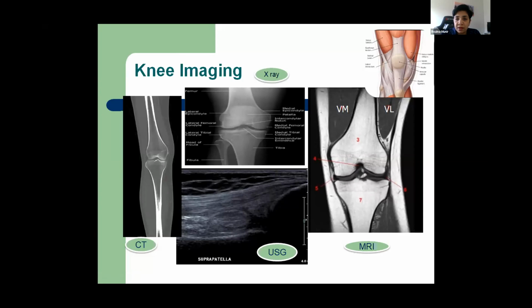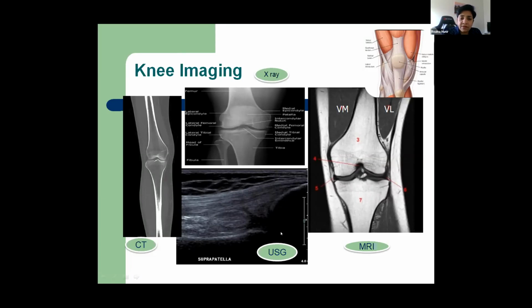You can see the muscles very nicely, and the joint, and even the internal anatomy is also very nicely seen with the help of MRI. This is the image by which you can evaluate your knee joint. You can see the cartilage over here. You can see the cruciate ligaments. You can see the medial and lateral collateral ligaments also on this MRI.